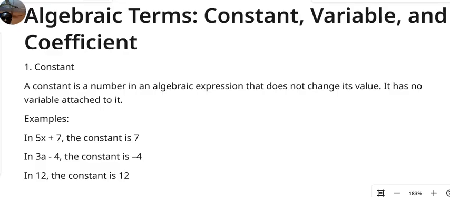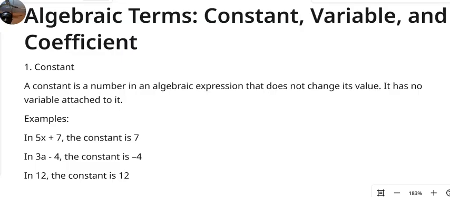So in treating algebra, there are some basic terms that we make use of, and we call them the algebraic terms. These algebraic terms are as follows. Basically, we have the first one, the constant. Next is the variable.